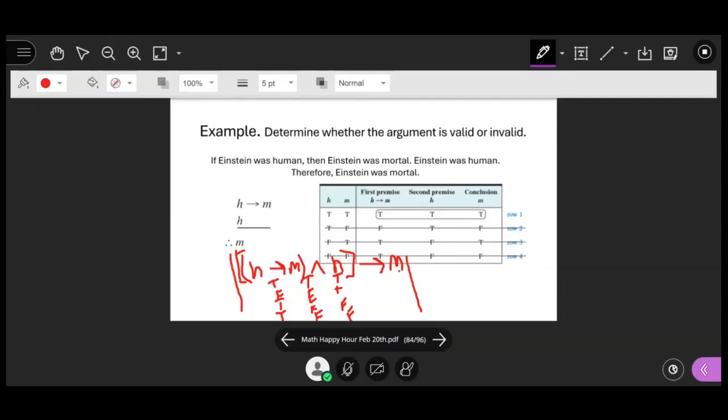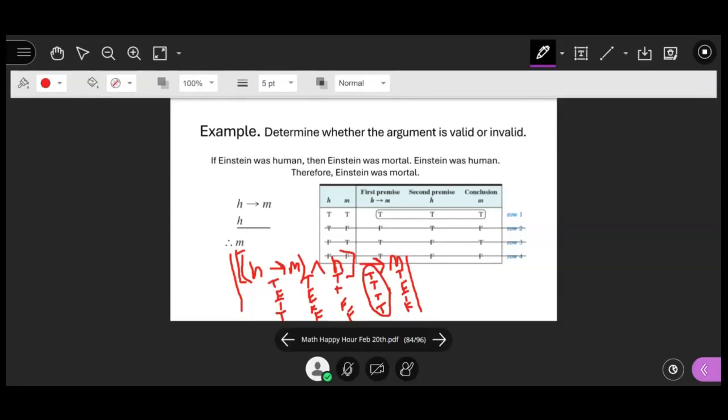And then M is true, false, true, and false. So now I'm looking at true, true would be true. And then false, false would be true. And false, true would still be true, and false would be true. So if you notice here, we get all true, so that makes it a valid statement.